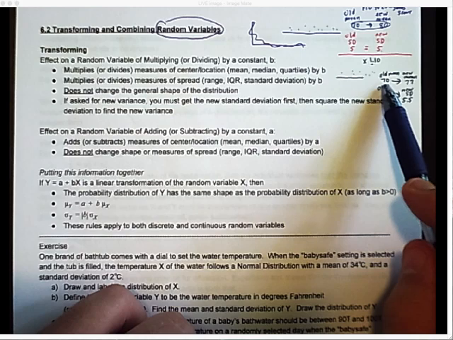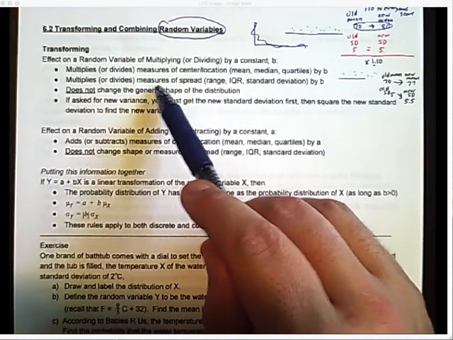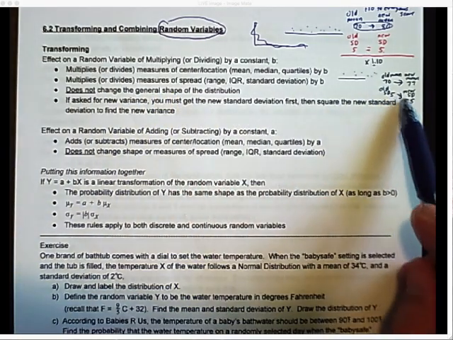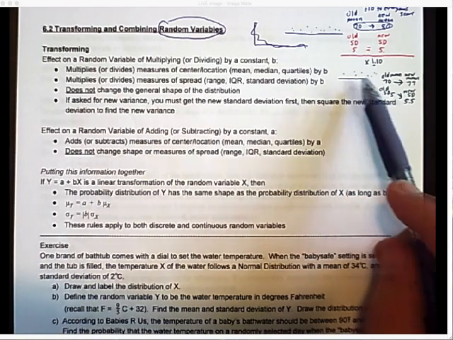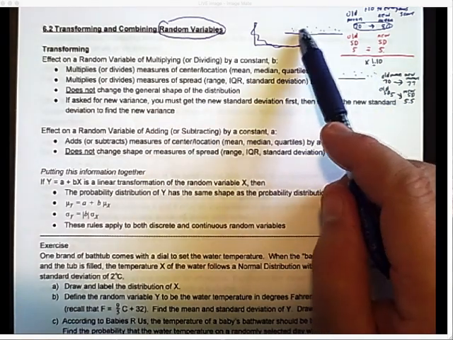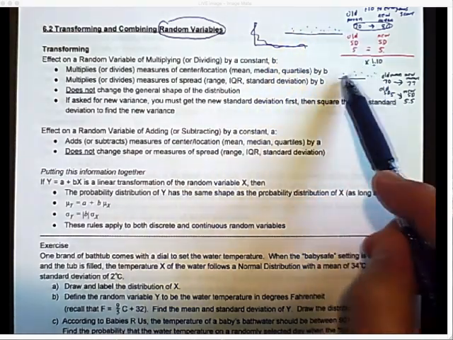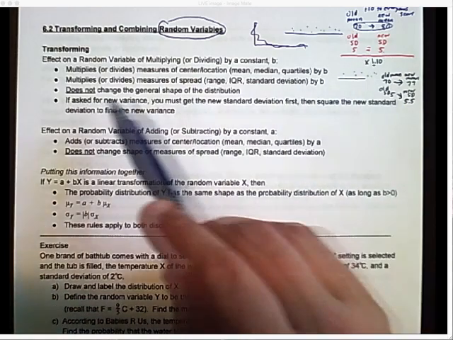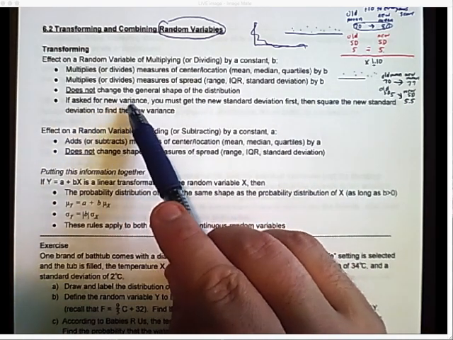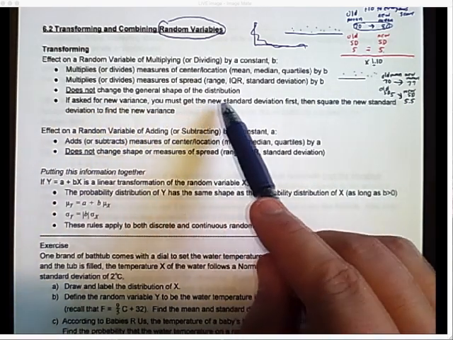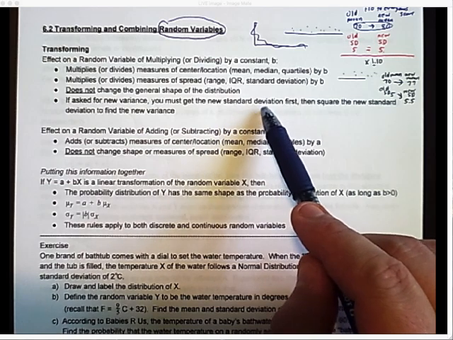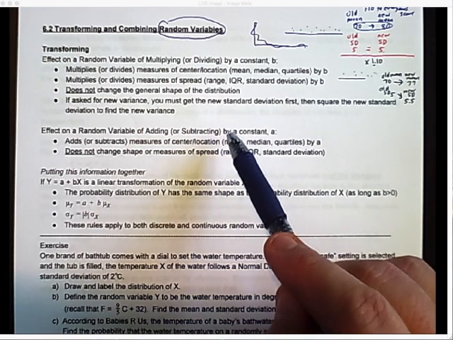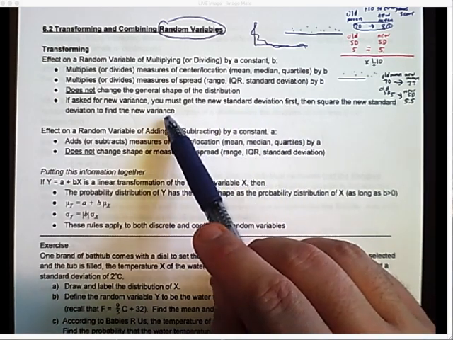It also multiplies or divides the measure of spread, so this would be 5 times 1.1. It doesn't change the general shape. If something originally is skewed right, the new one is skewed right as well. If asked for a new variance, you must get the new standard deviation first, then square the new standard deviation to find the variance. We'll do examples of that.